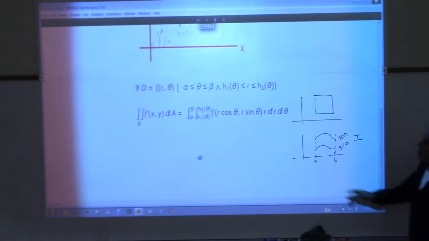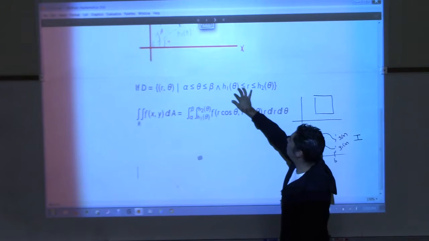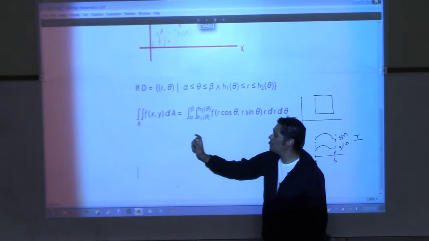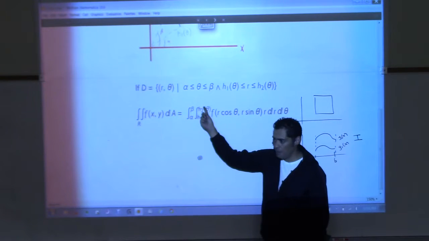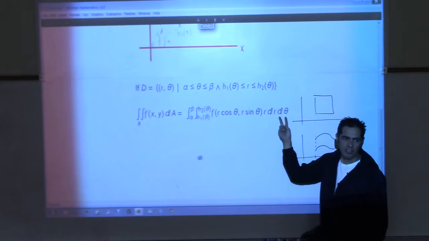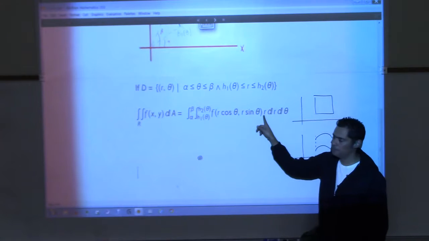So if your theta is between two constants and your radius is between two functions of theta, then your double integral becomes the integral from alpha to beta, and then h1 of theta to h2 of theta. This is all the same, but this order of integration can't change. It's got to stay this way. Still have the r in there.